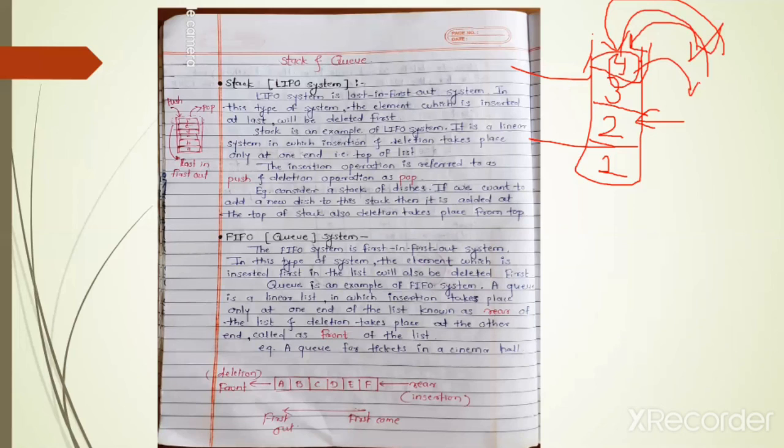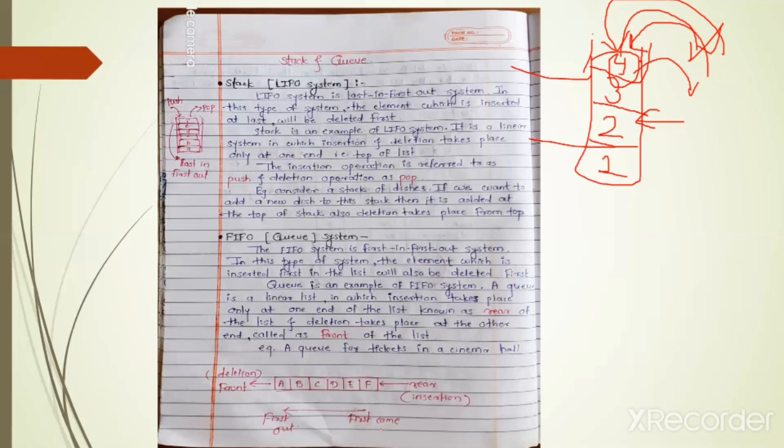A queue is a linear list in which insertion takes place only at one end of the list, known as rear of the list, and deletion takes place at the other end, called the front of the list. For example, a queue for tickets in a cinema hall.